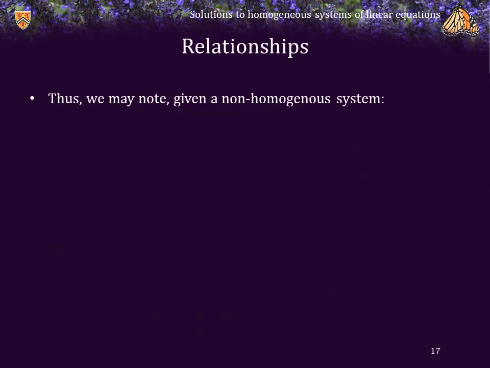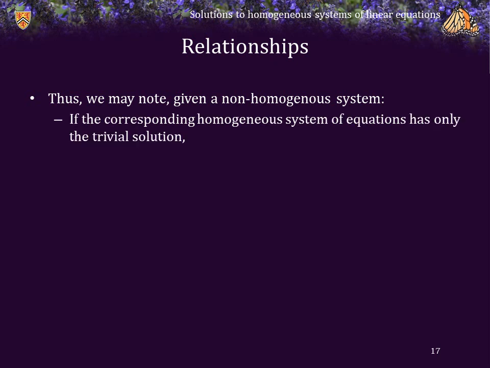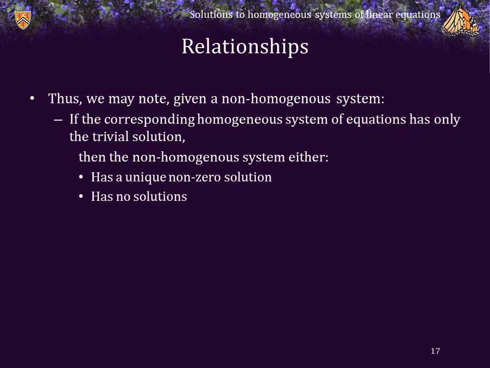Thus, we may note that given a non-homogeneous system of linear equations, if the corresponding homogeneous system of linear equations has only the trivial solution, then the non-homogeneous system either has a unique non-zero solution or it has no solutions at all.